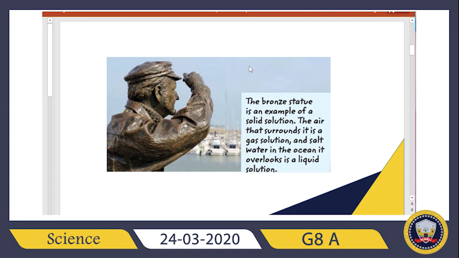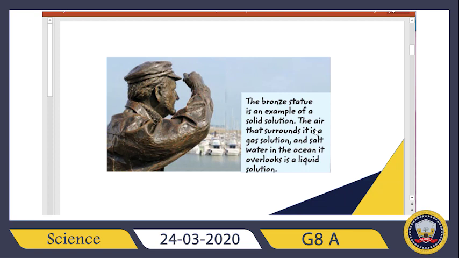Remember our topic related to the atmosphere. We have different types of gases inside the air, but we cannot separate them. We can't see or observe them individually. So this makes air a solution. This is the most famous gas solution you will hear for this topic. Don't forget, air is a solution.